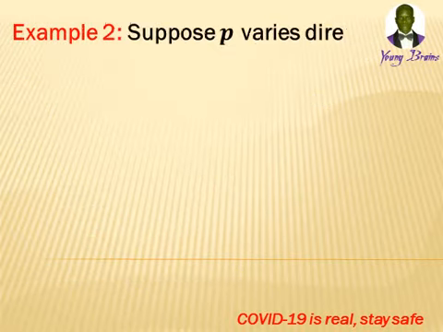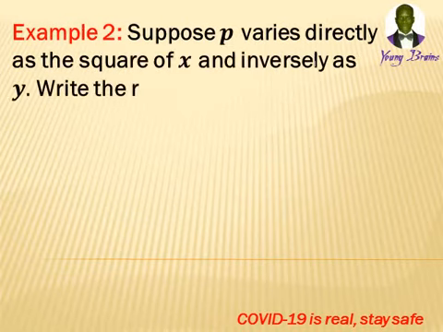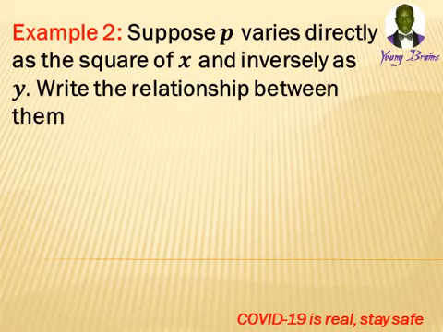Example 2. Suppose p varies directly as the square of x and inversely as y. Write the relationship between them. This kind of joint variation involves direct and inverse combinations. Solution. p is directly proportional to x squared and inversely proportional to y.